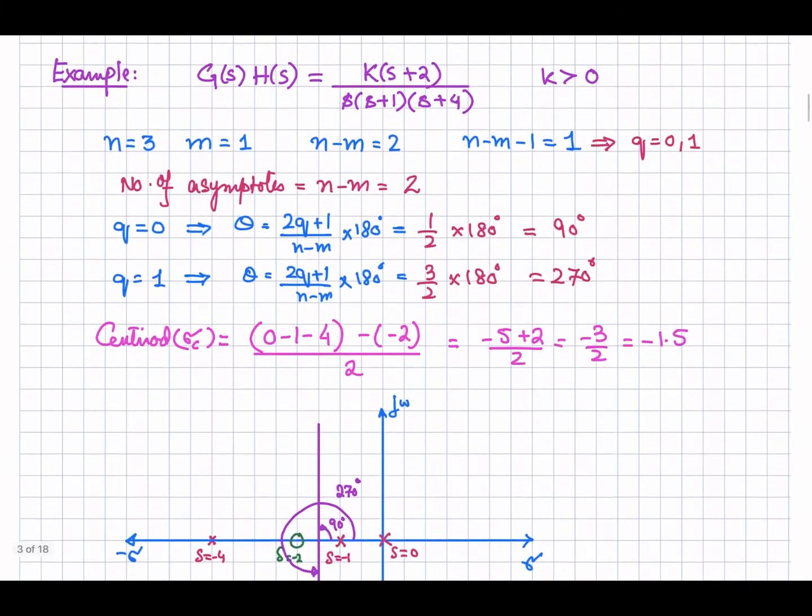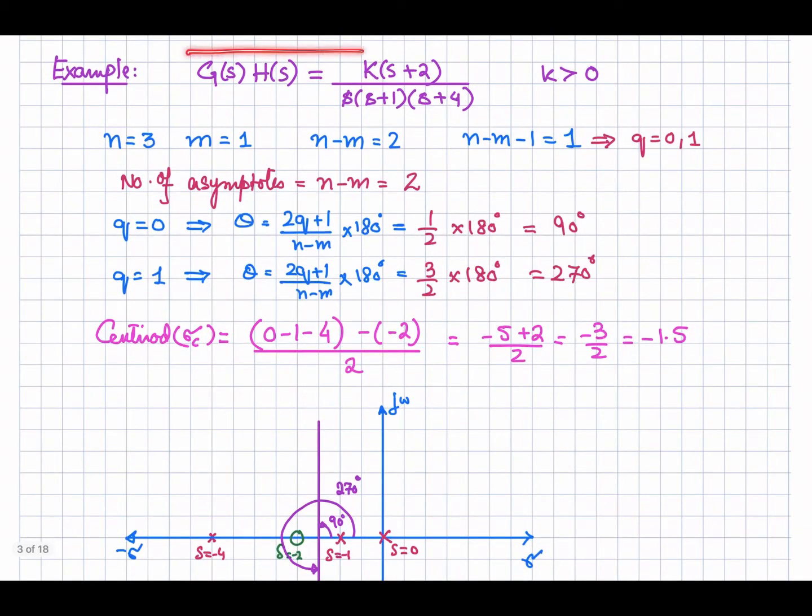Let's suppose that we have this open loop transfer function, and in this case K is greater than 0. So how many poles? 3 poles, 1 zero. So n minus m is 2, so 2 poles will be moving towards infinity, and for the calculation of the angle of asymptotes, n minus m minus 1 is equal to 1.